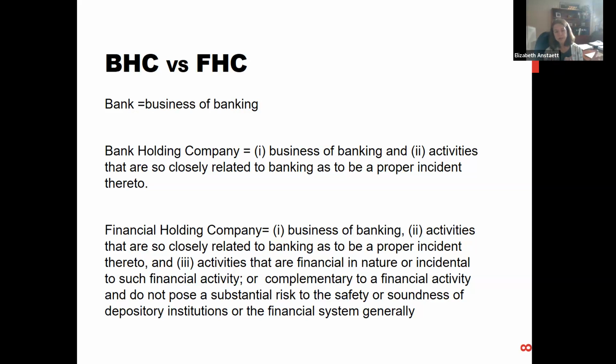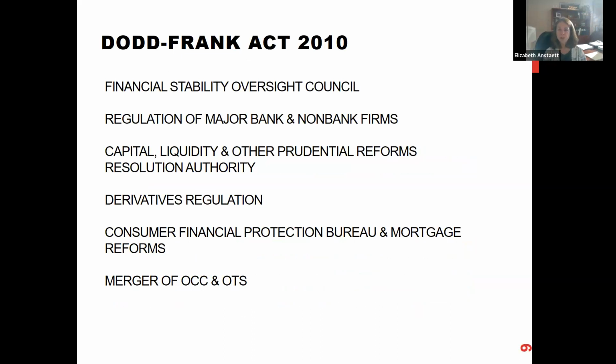Theoretically, the Federal Reserve Board always looks over the financial holding company, but they were really pretty hands-off on the activities that were outside of their expertise. And so this is something that we see changing in the Dodd-Frank Act, which is the last major piece of federal banking legislation.